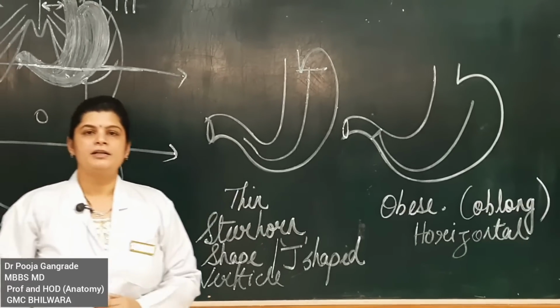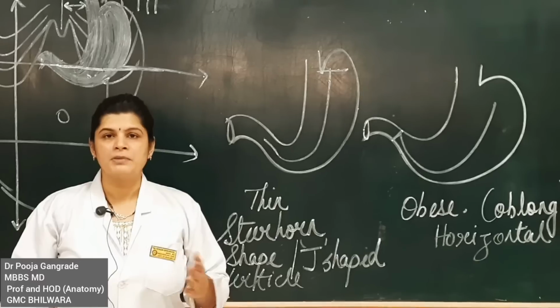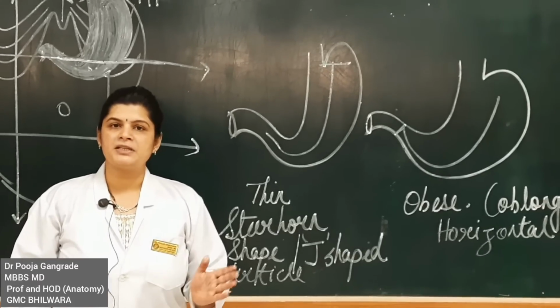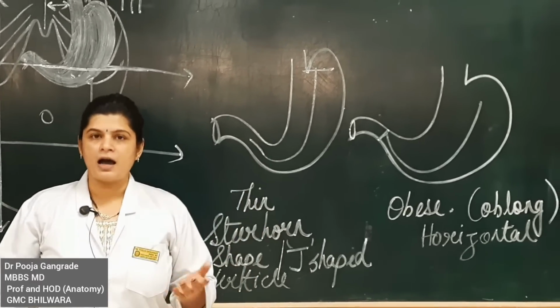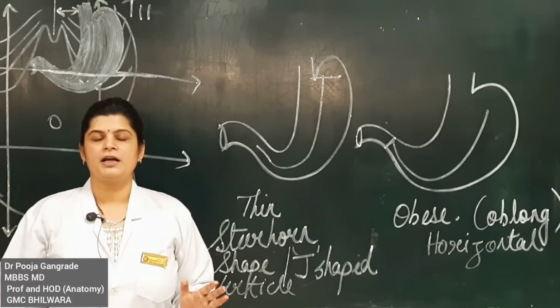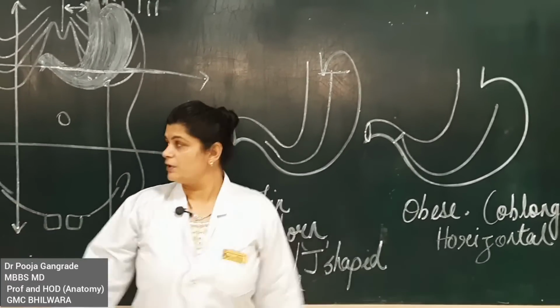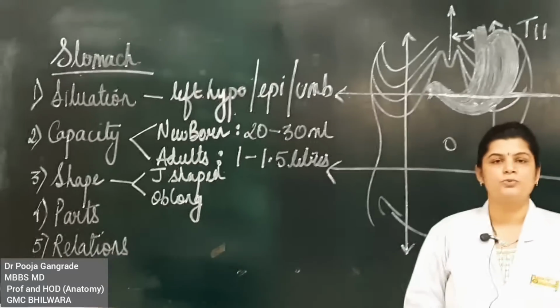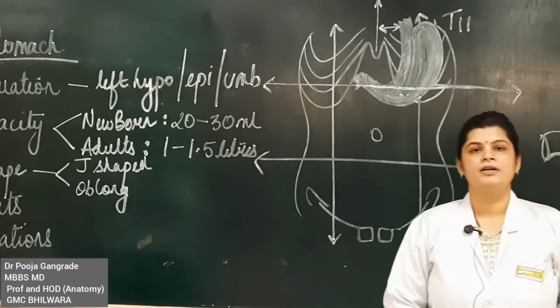In a normal adult also, the shape of stomach may change as per the meal. So when you are on an empty stomach, the stomach would be J-shaped. But when you've had a hearty meal, the shape may change to horizontal. So we've discussed the 3 points, that is the situation, the capacity and the shape of stomach.